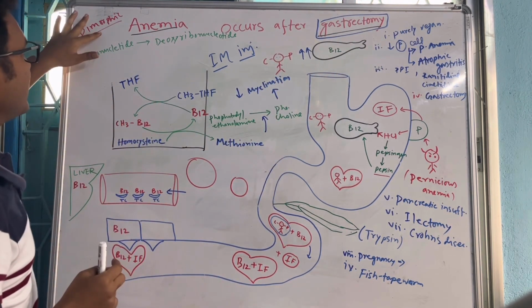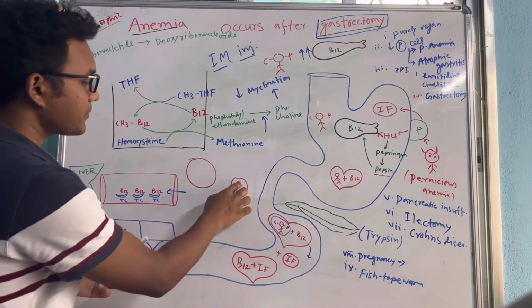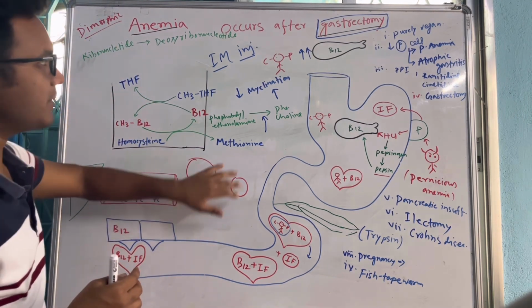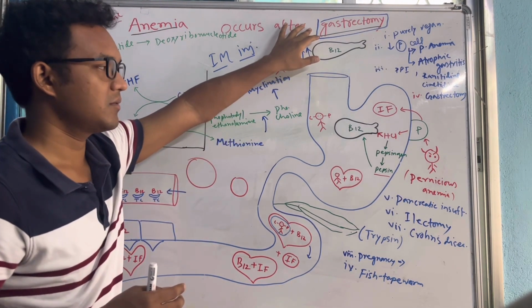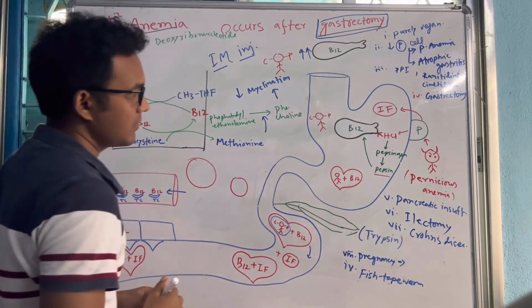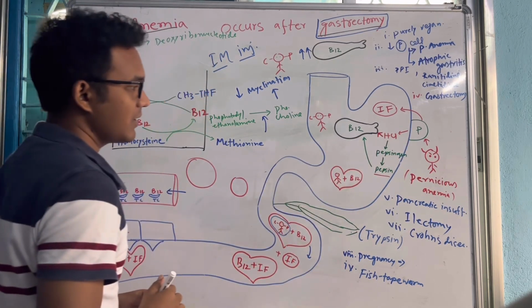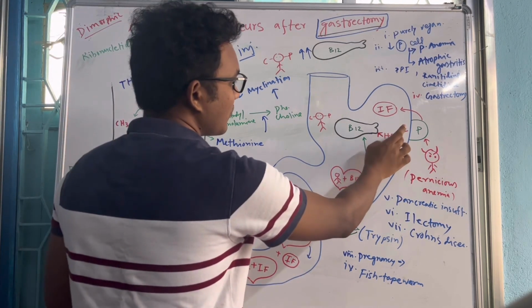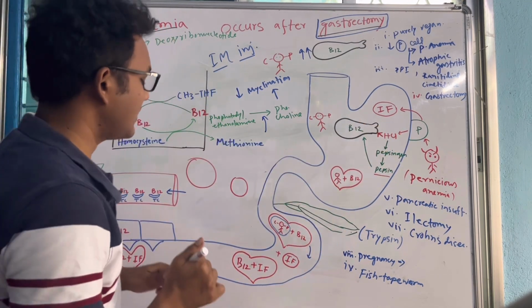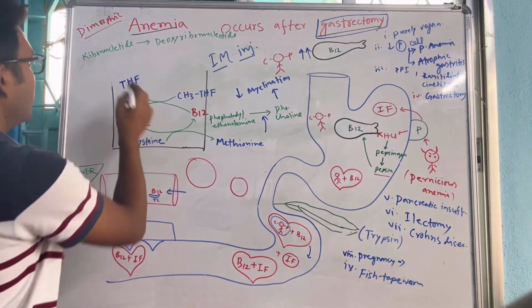Now if they ask why it is dimorphic, dimorphic means two types, so why is there also a microcytic anemia present? Why is there microcytic anemia after gastrectomy? Okay, why? Because we know that in gastrectomy there is also decreased HCl secretion, and as I have discussed earlier, this HCl also helps in the conversion of ferric to ferrous form.